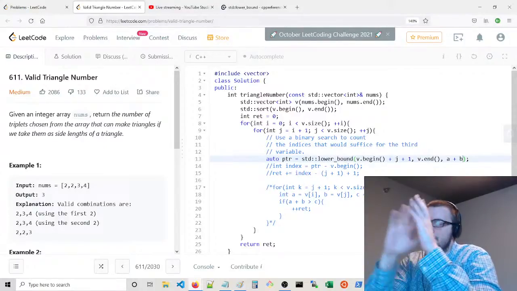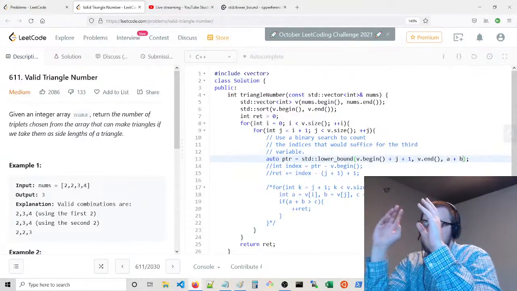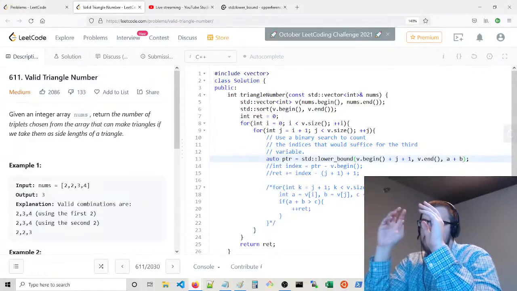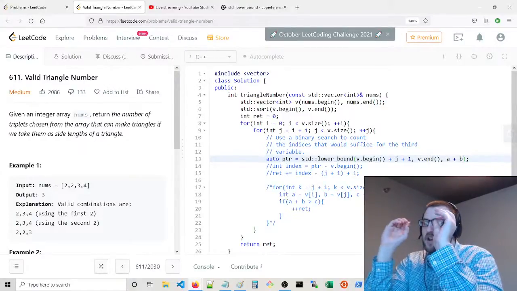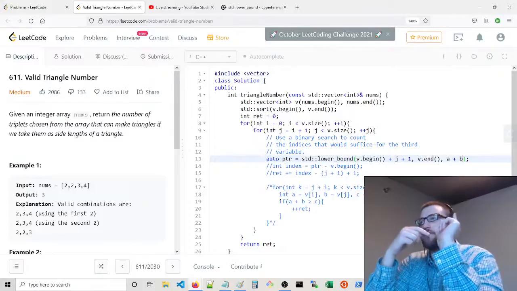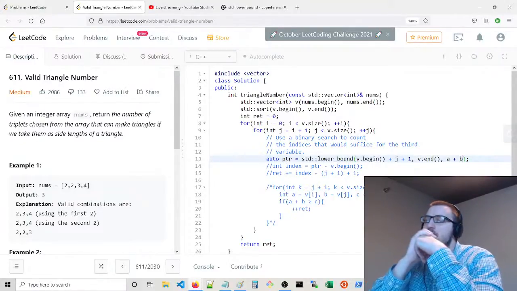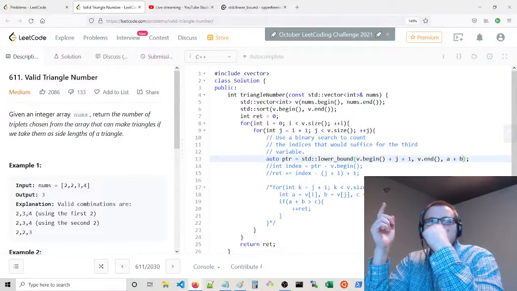So we're going left to right, we're going to find the first time that a value in the array, or it could go off the edge of the array, first time that a value is greater than or equal to a plus b. Everything to the left of that should be less than a plus b, right? Now, I was thinking we do a plus b minus 1, but actually that won't really do what we want either.